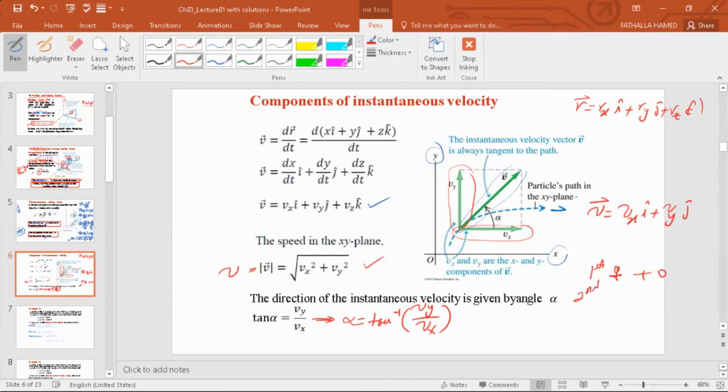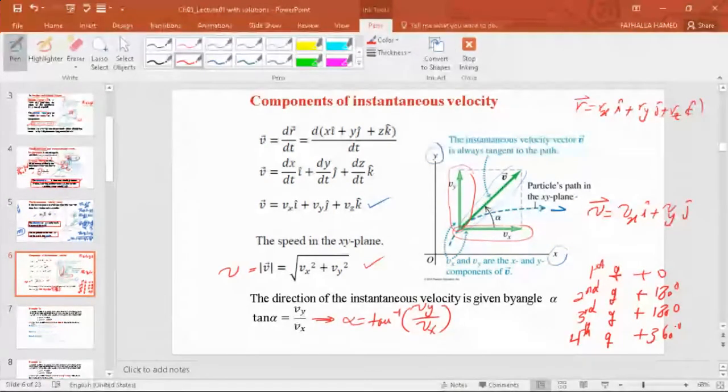If you are in the second quadrant, you add 180 degrees. If you are in the third quadrant, you add 180 degrees. And if you are in the fourth quadrant, you add 360 degrees to get your angle relative to the positive x-axis. That's if you're dealing with a vector in 2 dimensions. Just to refresh your memory, speed is the magnitude of your velocity.